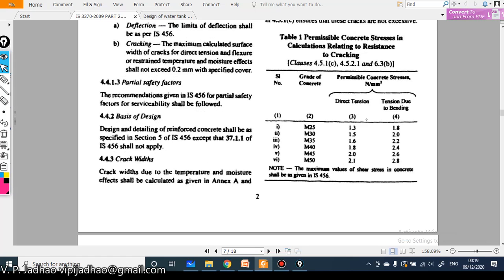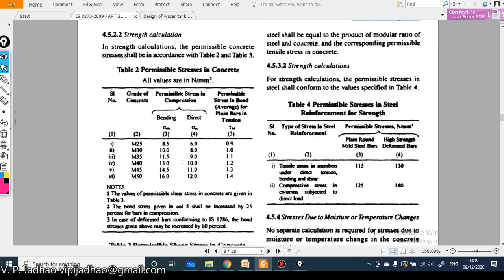We get the value of sigma CBC here. Value of sigma CBC for M30 grade is 10, so sigma CBC is equal to 10 Newton per mm square. Then we have to find the value of sigma BT, that is tensile stress in concrete.